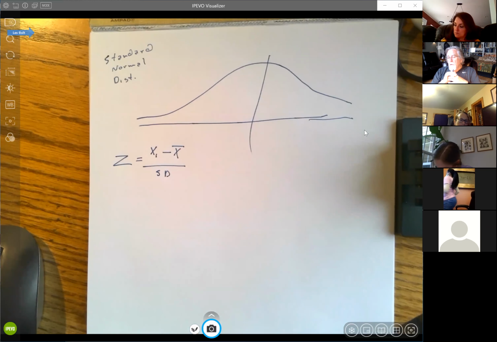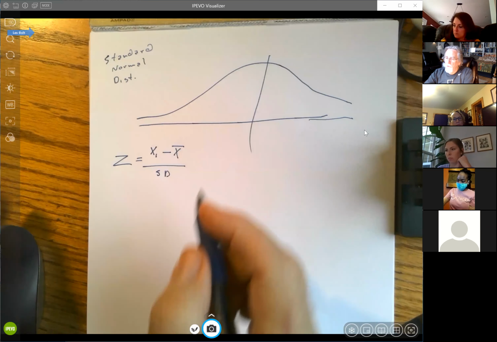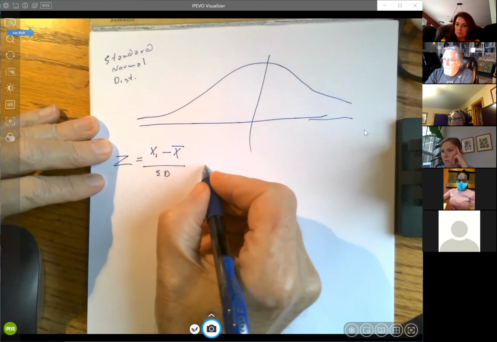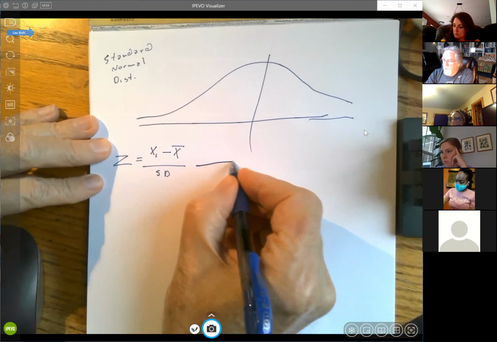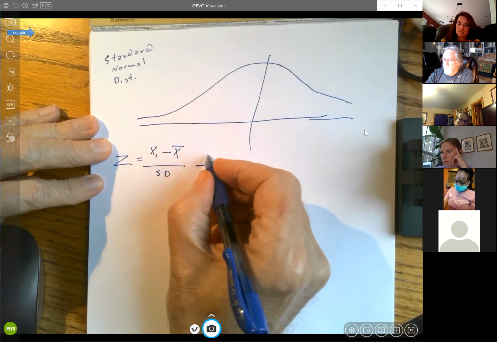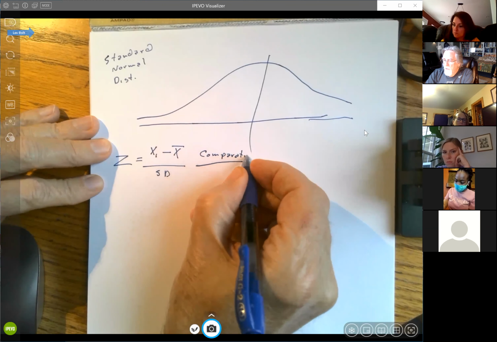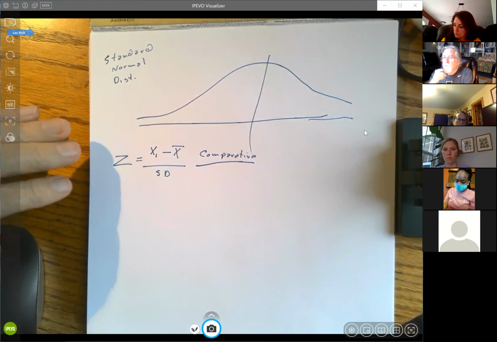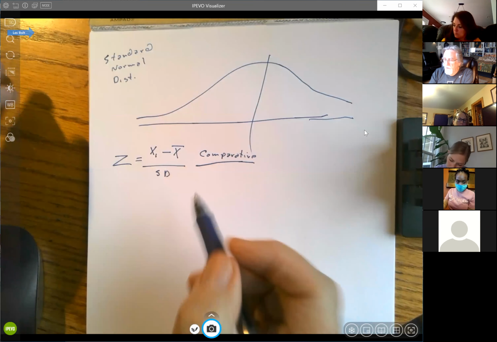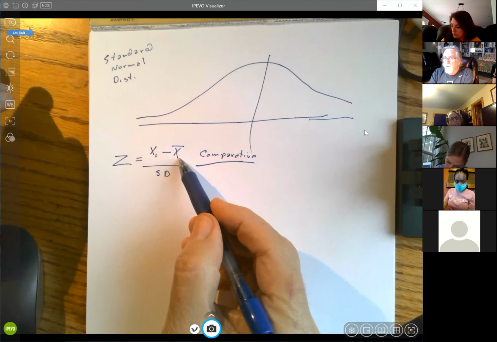Now, it's not really important to know how those things all come together and how they're calculated. What is important to know is that what's actually happening is on the top of this ratio is some sort of comparative quantity. Could be a difference. In this case, it's a difference between a score and the mean of the group that score comes from.